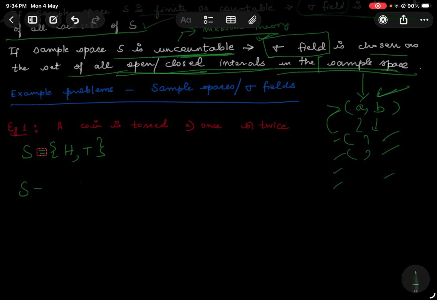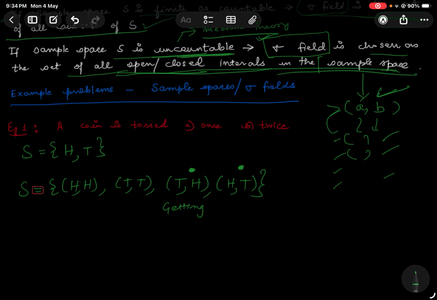And what about twice? Twice would be you either get 2 heads, you either get 2 tails. You first get a tail, then get a head. You first get a head and then get a tail. These two are different events. They are not the same. You can't say that getting head once and getting tail once are the same.